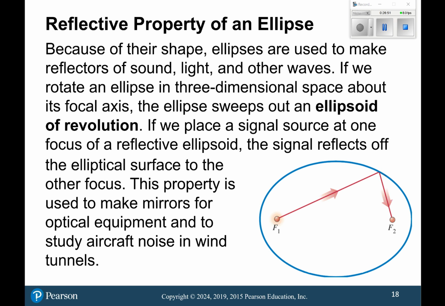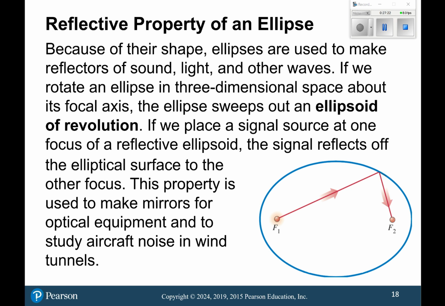Now, again, this definition of an ellipse, how an ellipse is actually formed, ellipses make wonderful reflectors. If you consider light to be particles, they can bounce off, or you consider them waves like sound is.